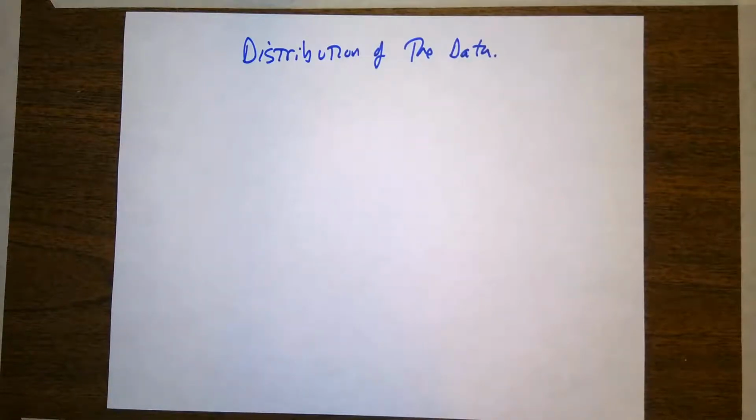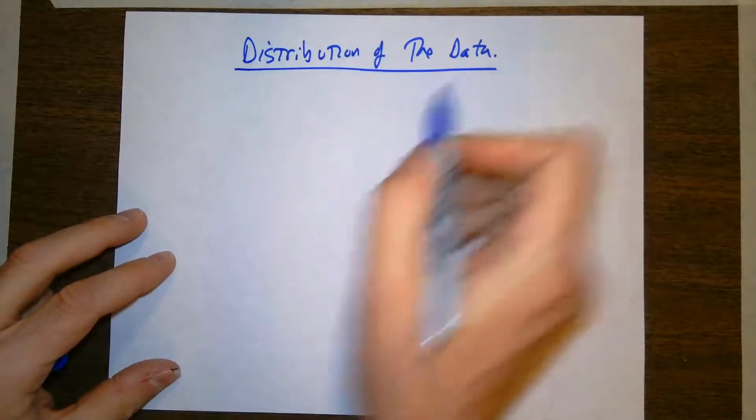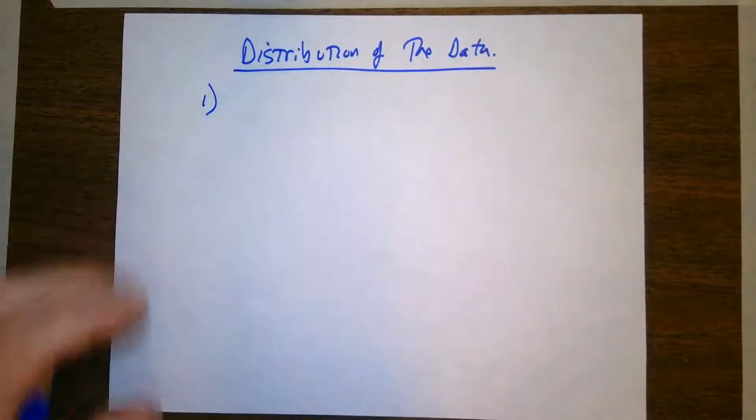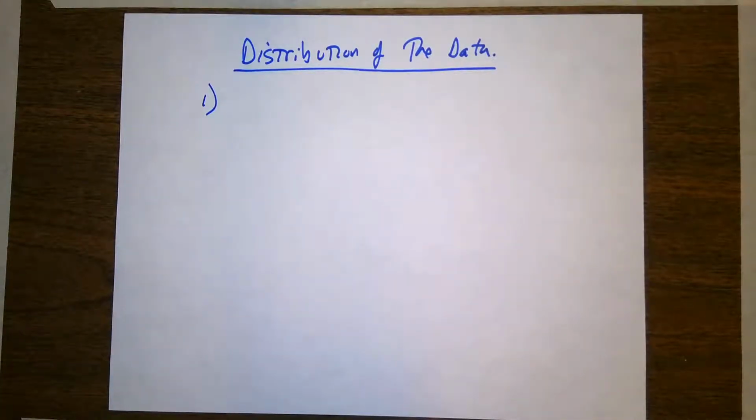What do you think of when you think of the word distribution? How are we going to use the distribution here? We're going to look at some of the key features. How is the data arranged? There really are four key features that we need to think about when we're looking at a histogram. Four of them.